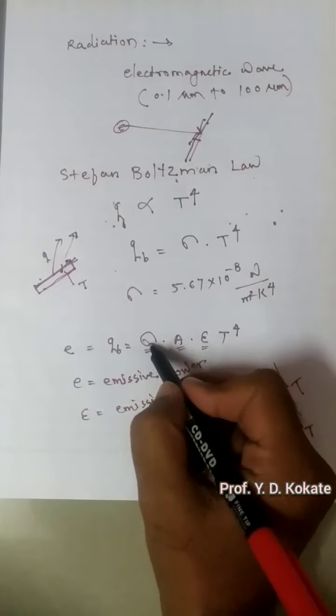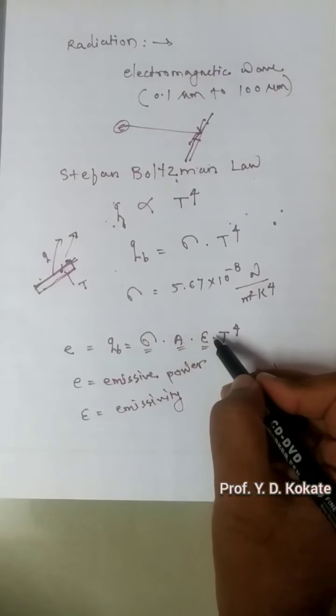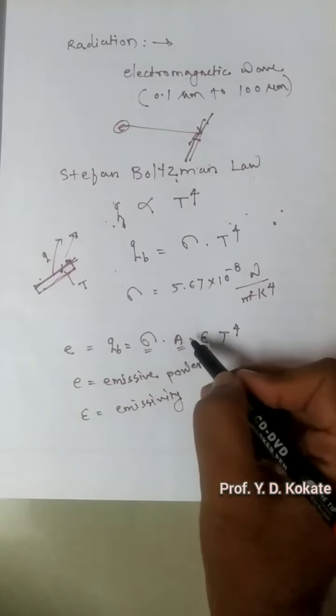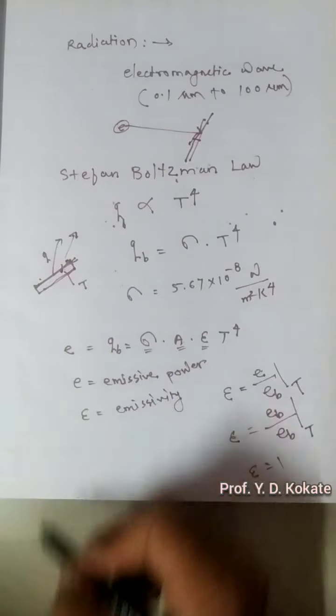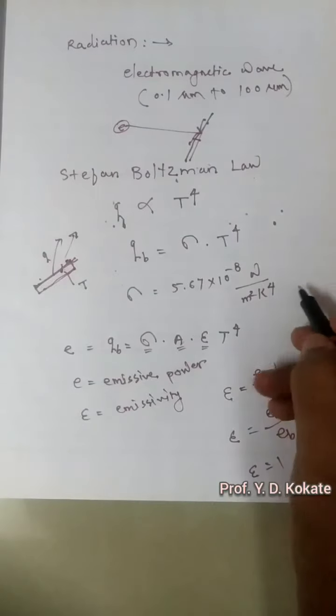So by taking the Stefan-Boltzmann constant into area into emissivity into T raised to 4, we can easily calculate the emissive power of the surface.